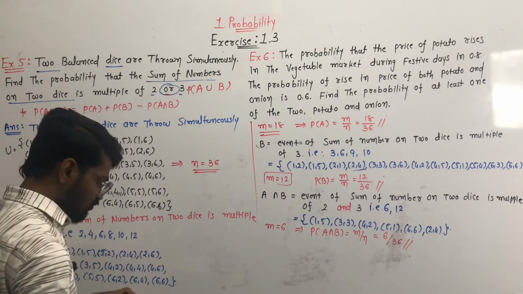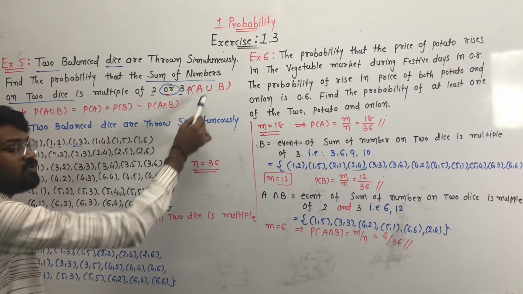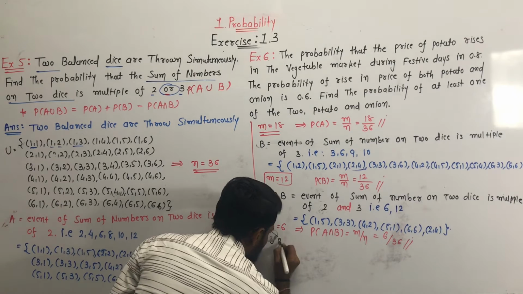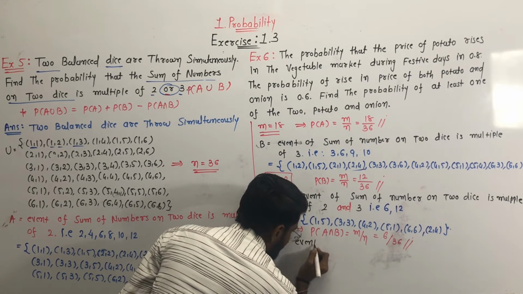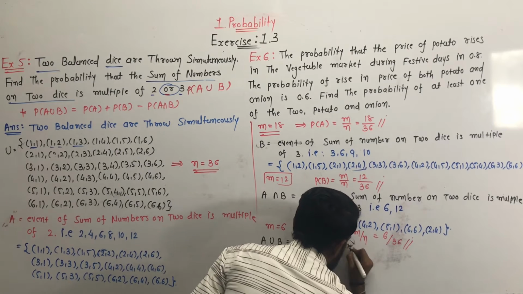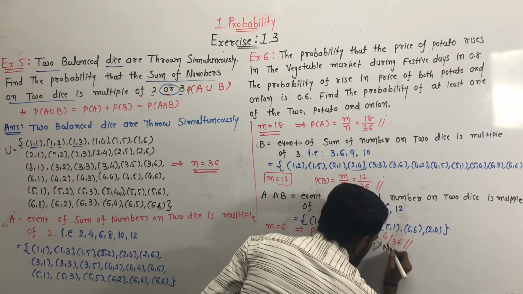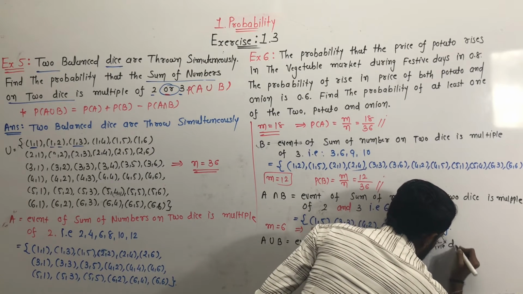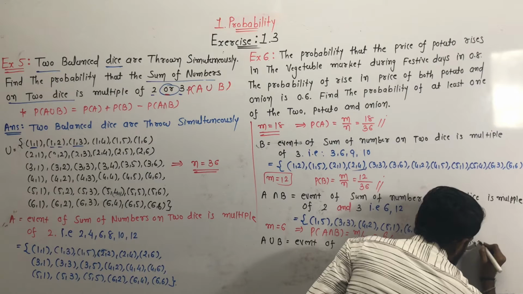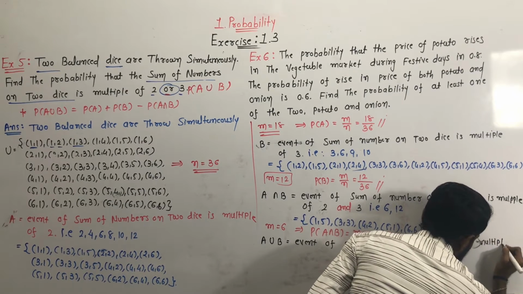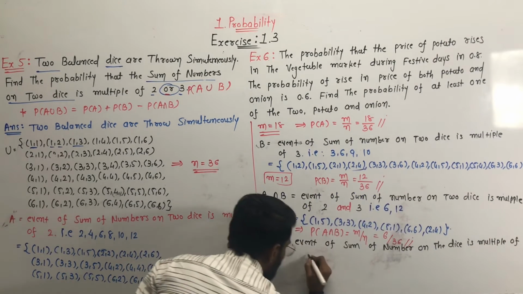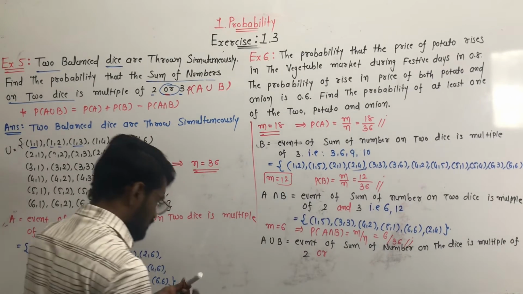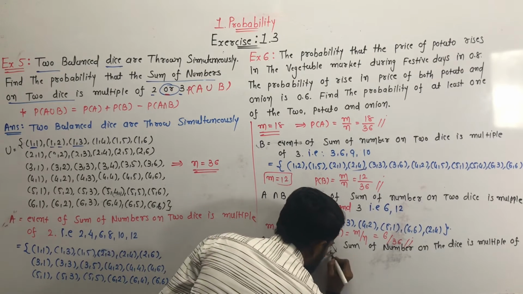Okay, but we have to find the probability of the union of event A and B. Yes, and the event A union B is the event that the sum of the numbers on the dice is a multiple of 2 or 3.